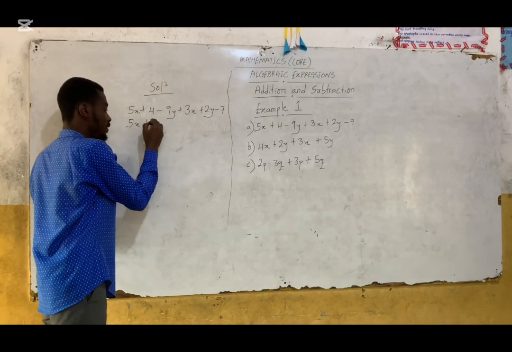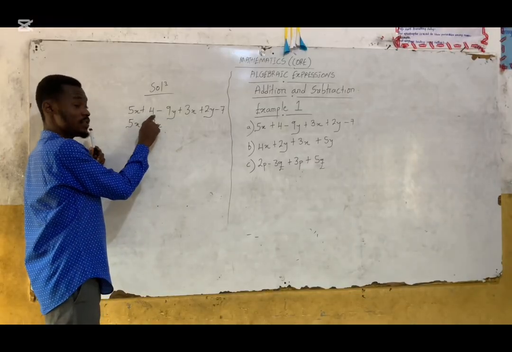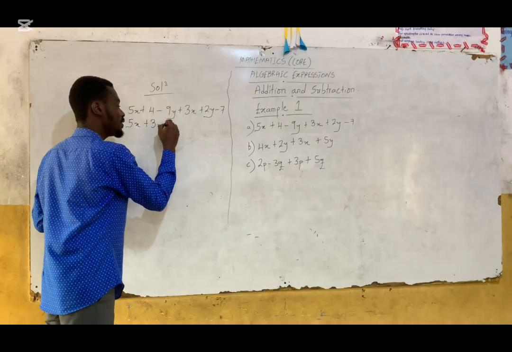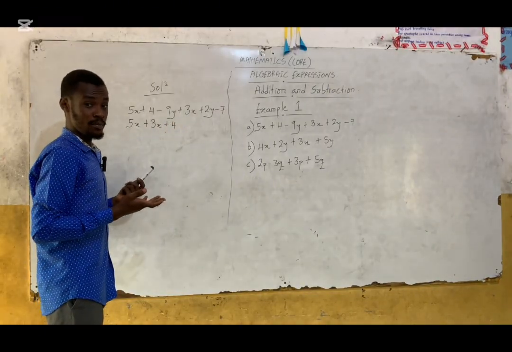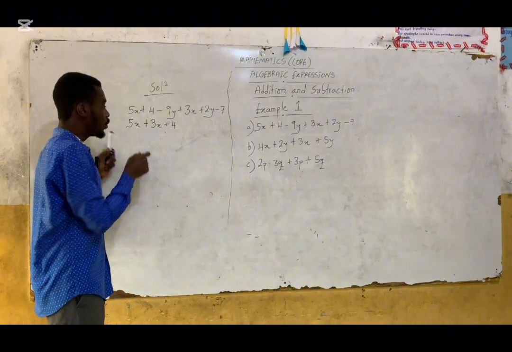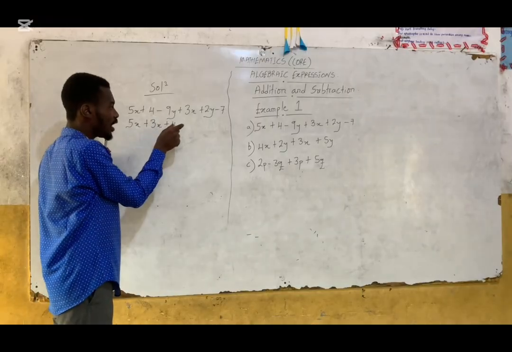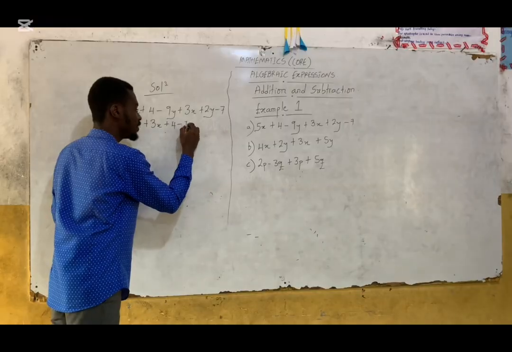So you write it, positive 3x. Now you go to the next number. The next number is positive 4. 4 is just a constant, a raw number, so you also look for a raw number as a family member. Who is also without a variable? Negative 7. And then you come with negative 7.